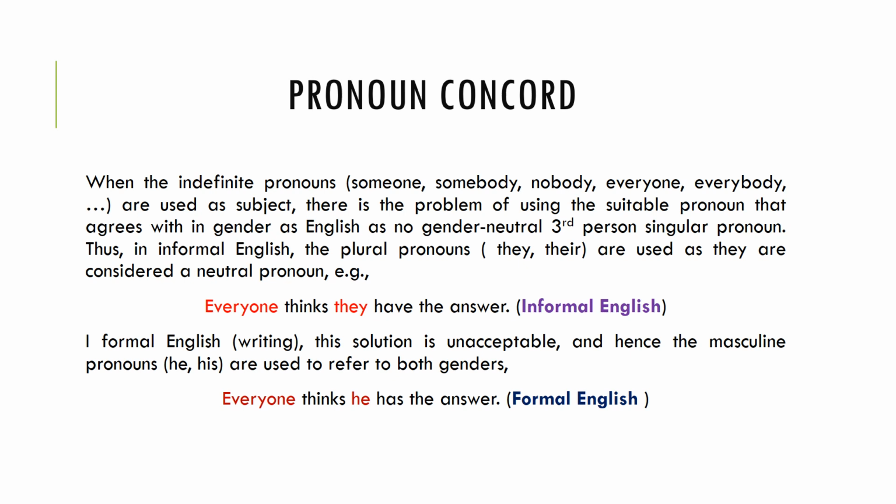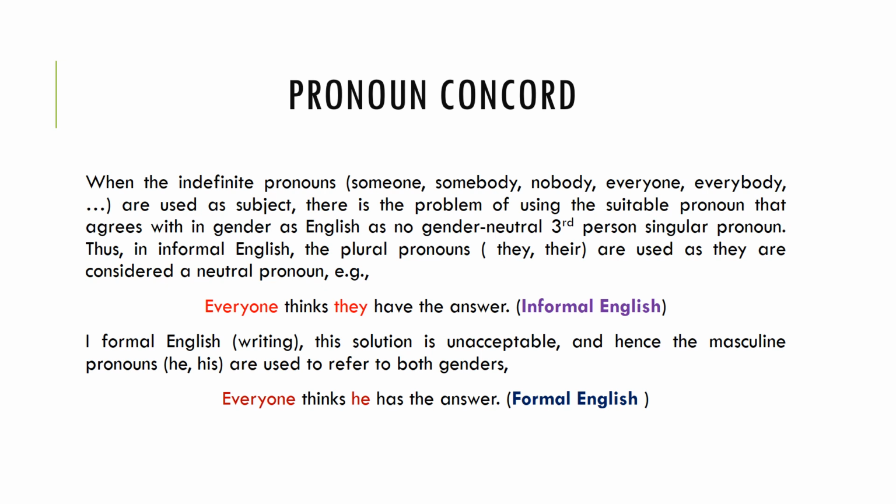Within the pronoun concord, we have the problem of the indefinite pronouns. By the indefinite pronouns, as we said previously, we are talking about the pronouns that do not have a specific reference. Before, we talked about when they do not have specific reference in relation to number, and here we are talking about the pronouns that do not have a specific reference because they do not refer to a specific gender.